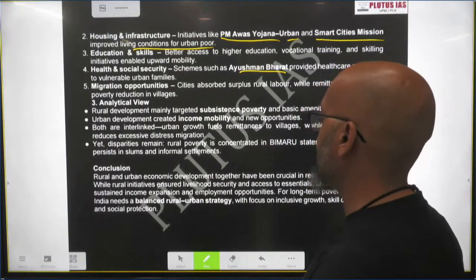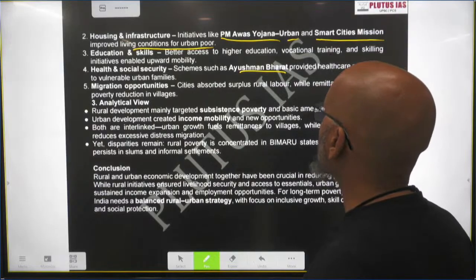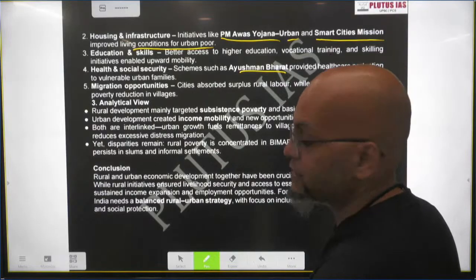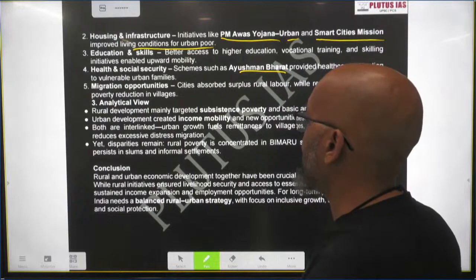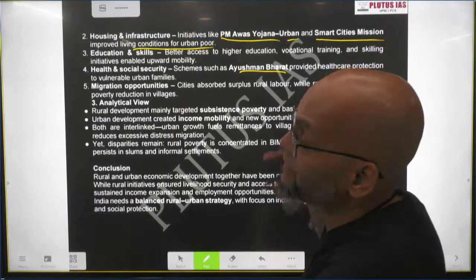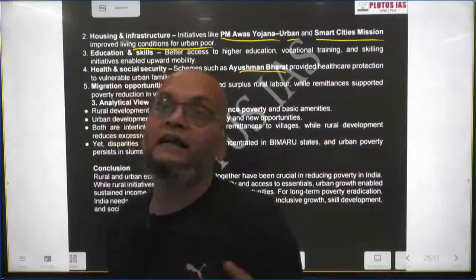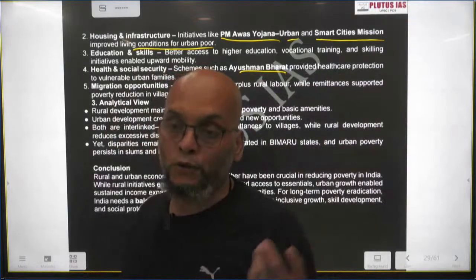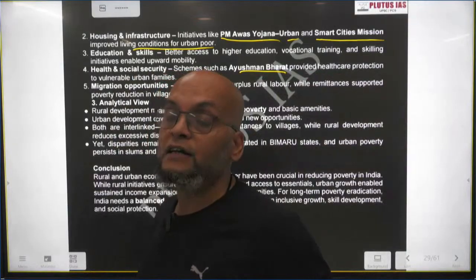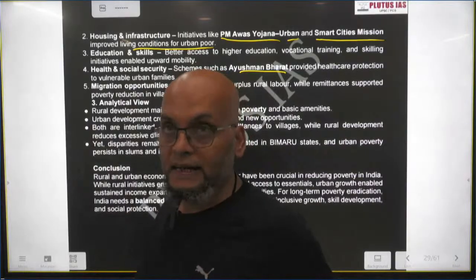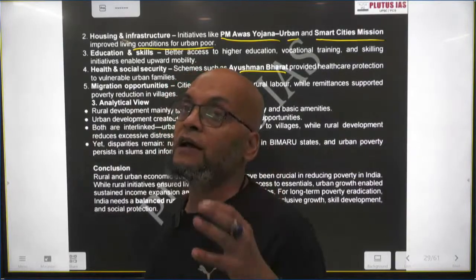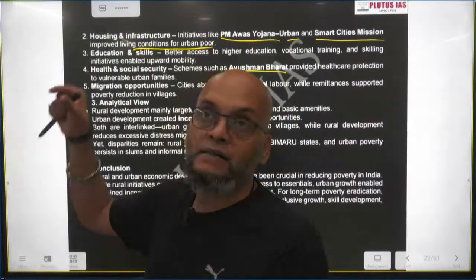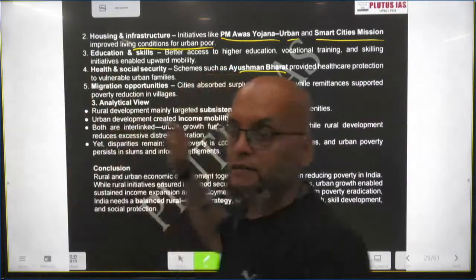Both are interlinked. Urban growth fuels remittances to villages, obviously, while rural development reduces excessive distress migration so that cities cannot get overloaded. Migration would be reduced when villages develop, and as cities develop, employment can be obtained in cities.